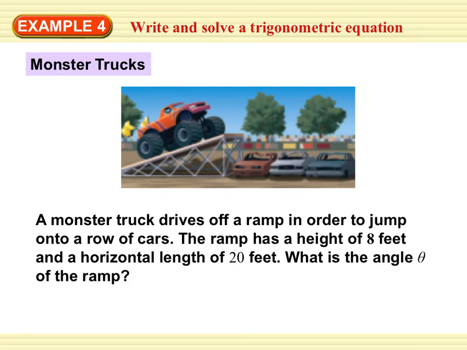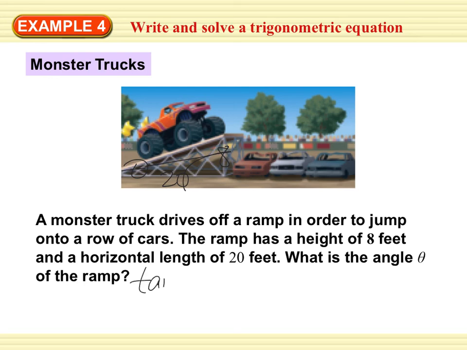Right, write and solve a trig equation. A monster truck drives off a ramp in order to jump onto a row of cars. The ramp has a height of 8 feet and a horizontal length of 20 feet. What is the angle theta of the ramp? So there's theta. I'm not sure, but I know it's opposite over adjacent.